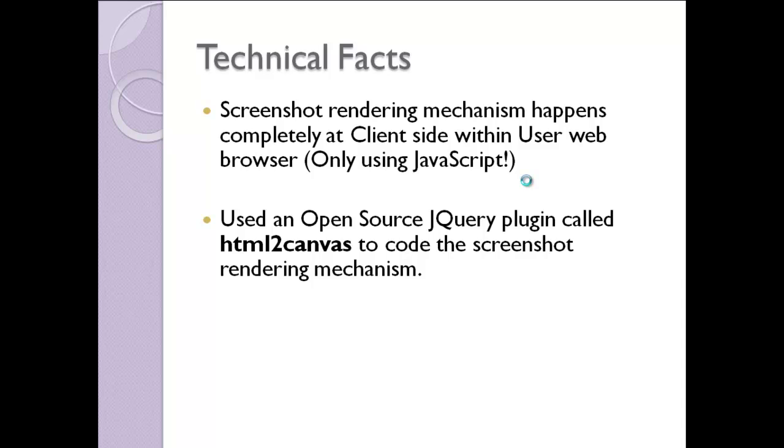And after that, I will explain a bit more about the technical facts of the feedback module. The screenshot rendering mechanism happens completely on the client side within the user's web browser, using only JavaScript. Server side interaction happens separately. I have used an open source jQuery plugin called HTML to Canvas to code the screenshot rendering mechanism.